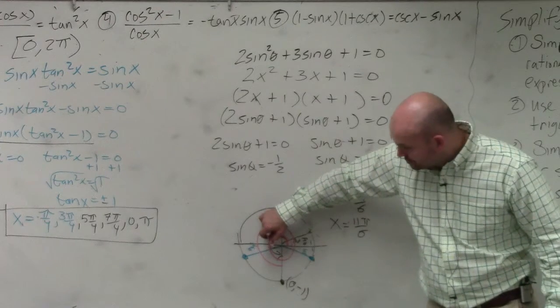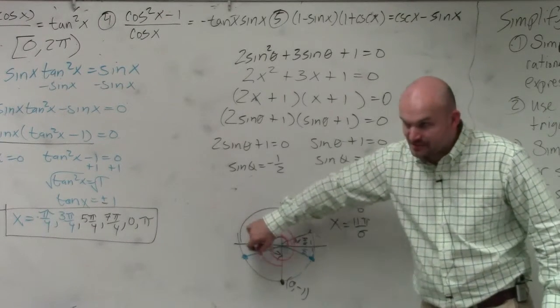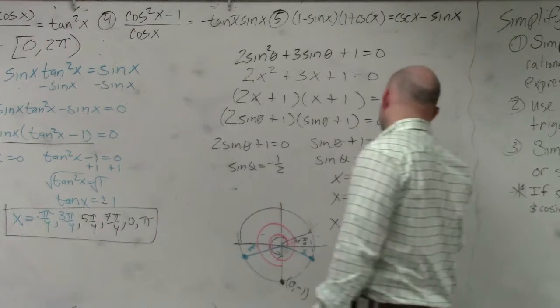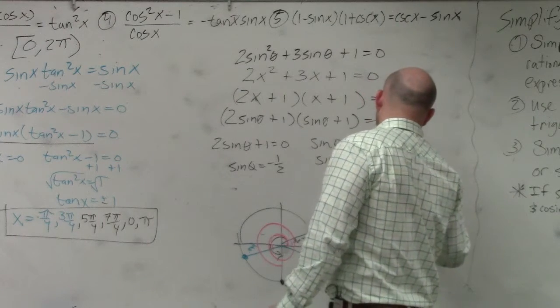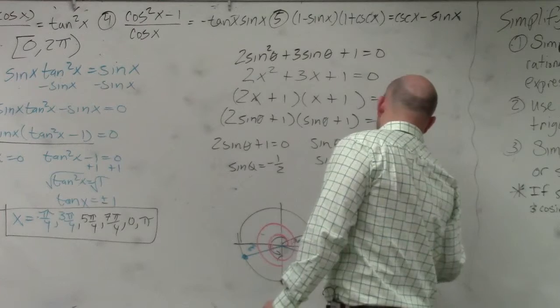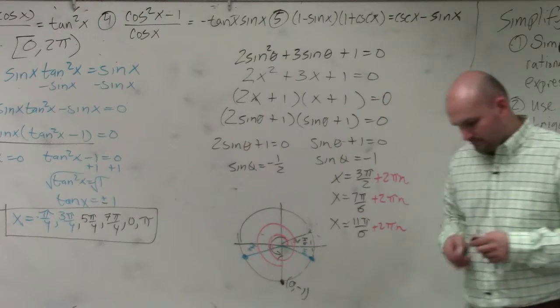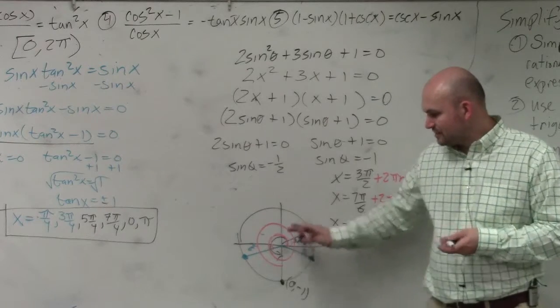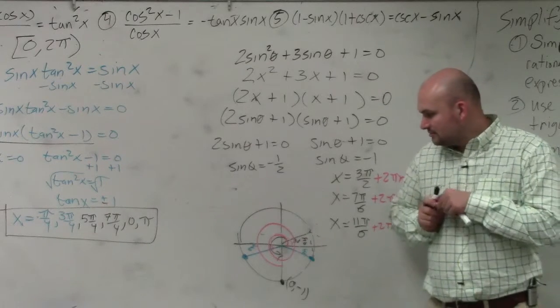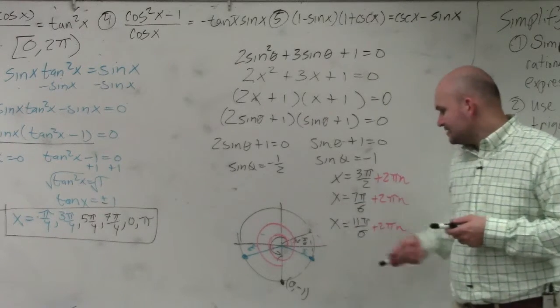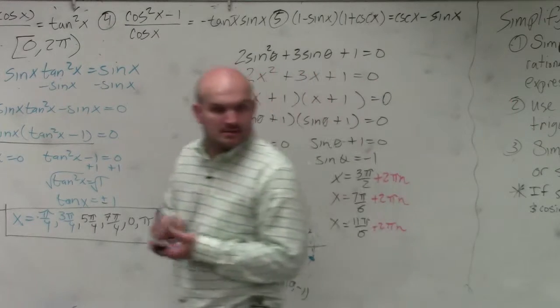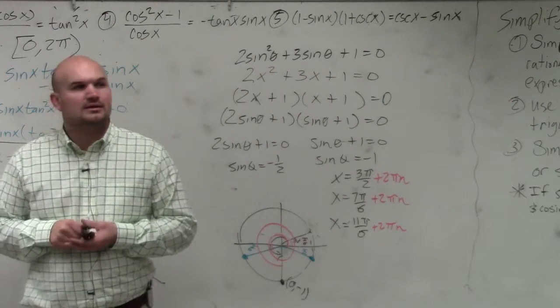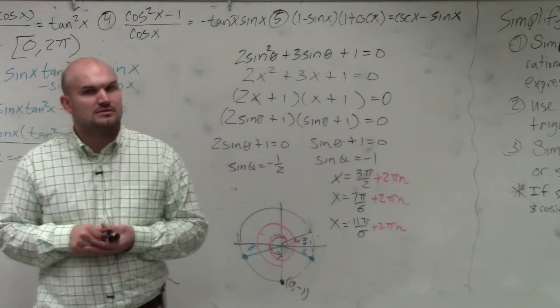To get to the next solution, I've got to go all the way around again, 2 pi. So all of these are going to have 2 pi n added, because none of the solutions are related to each other by an even distance. So you're going to add 2 pi n to each of them. Any questions? Yes.